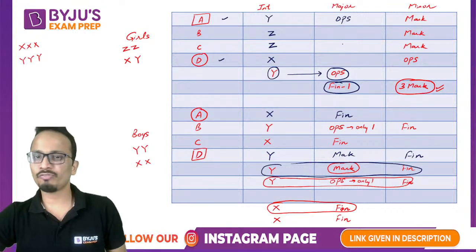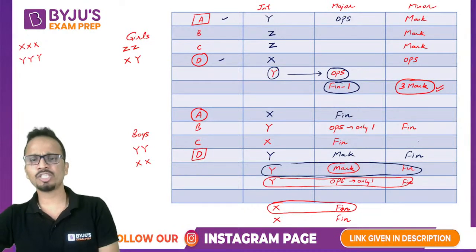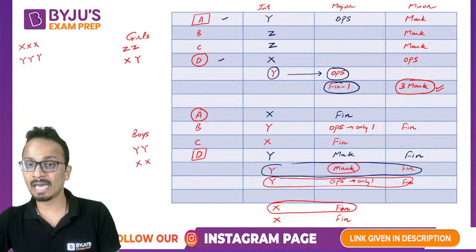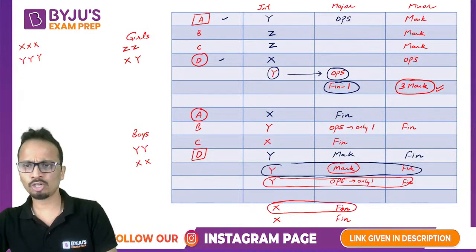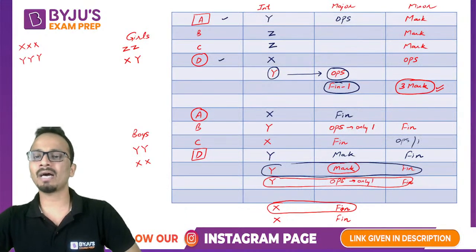So no, I cannot fix it here. There is one boy who is left with his minor subject, which is also not given. So finance nahi ho sakta. So it cannot be finance. So it can be among operations or marketing, anyone. So again, I cannot be sure.